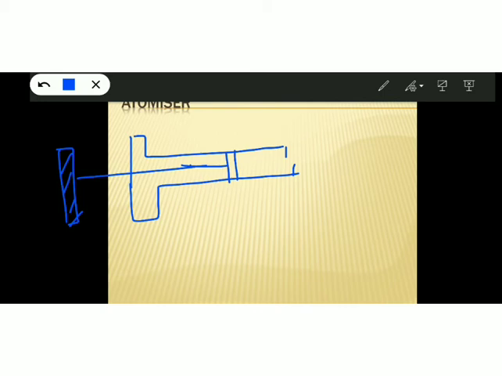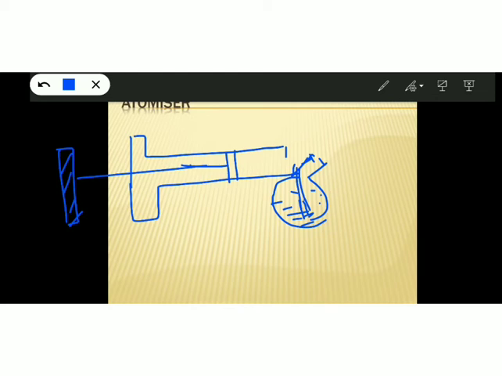We should attach a small vessel containing the liquid to be sprayed at the end of this cylinder. Now we can see a small tube here. This helps us to spray the liquid upwards.